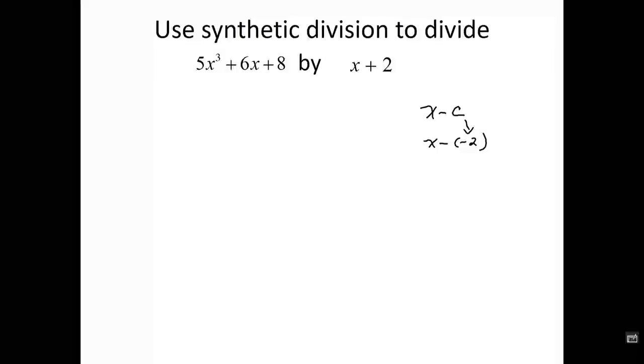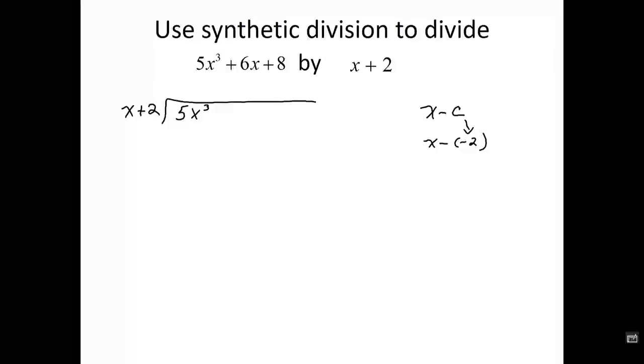But first, in long division, it would be x plus 2 divided into 5x cubed. As I indicated earlier, the dividend has to be expressed in descending order of powers in x.